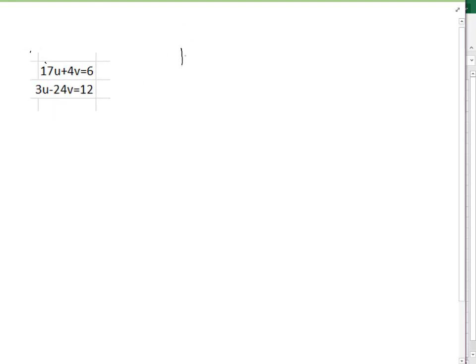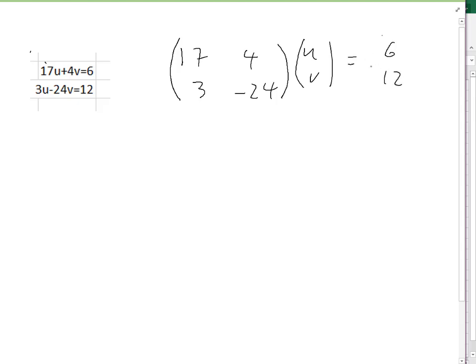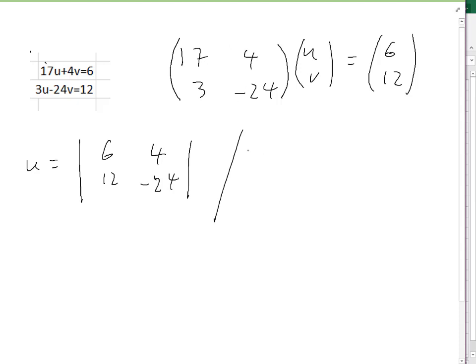So from this we can write down the matrix equation 17, 4, 3, minus 24. So u is going to be equal to 6, 12, this first column, with negative 24, divided by this determinant.